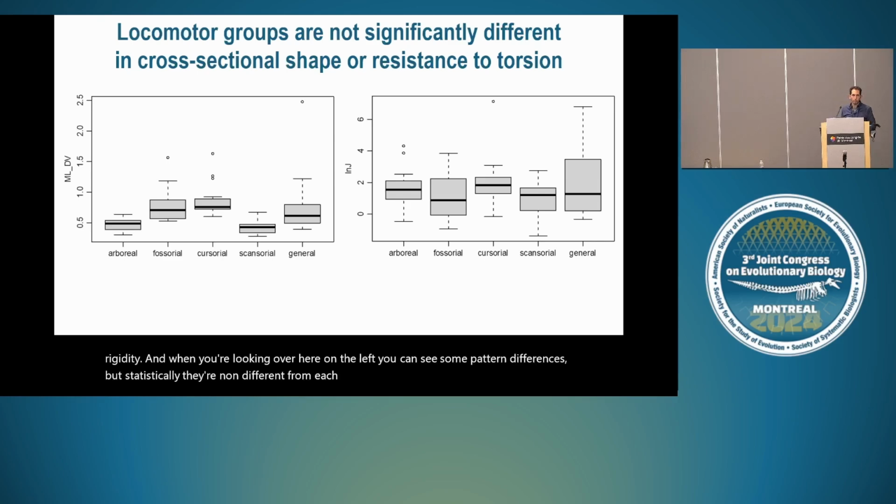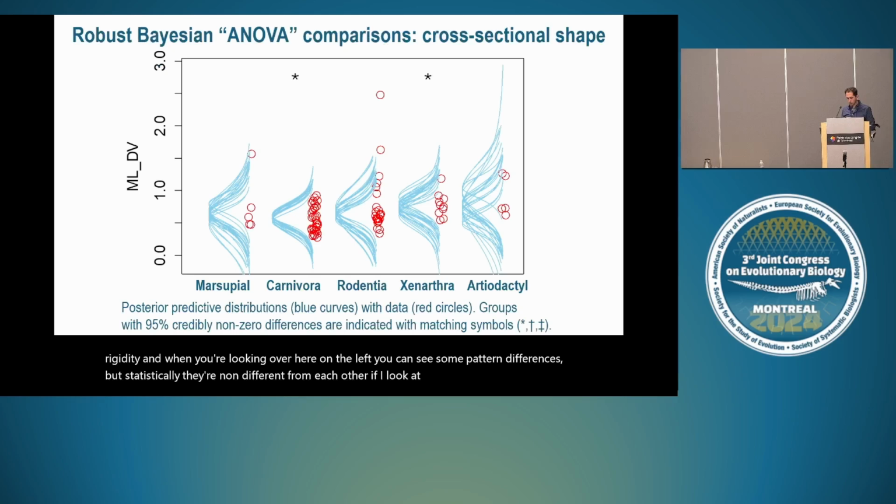If I look at the Bayesian ANOVAs that I did, comparing between my 5 large order-ish level taxonomic groups, we know marsupials are not orders, we can basically see that the differences seem to be driven by, for example, here in the cross-sectional shape, carnivores versus xenarthrans.